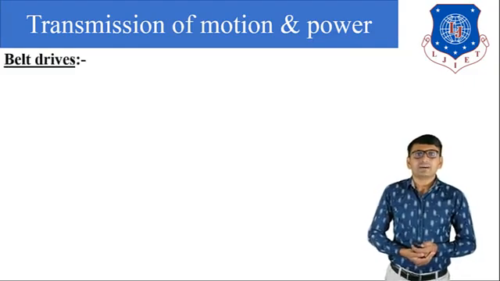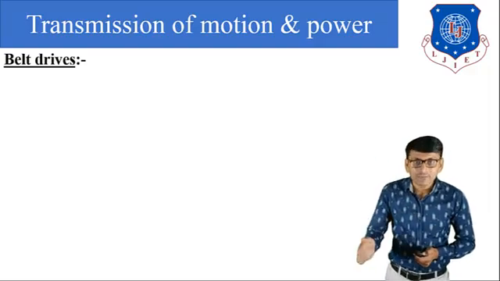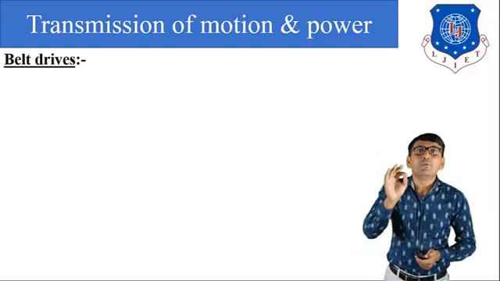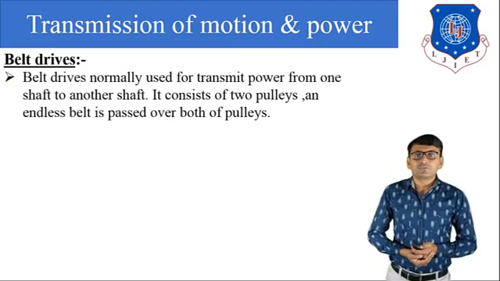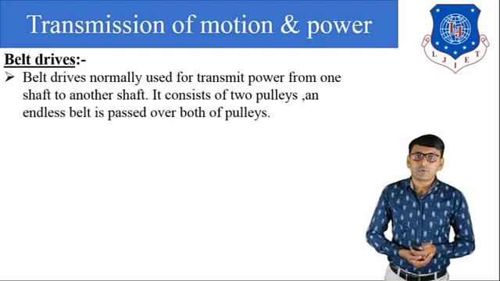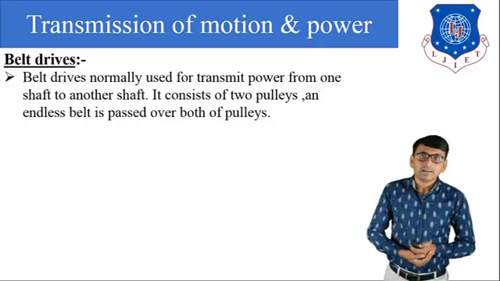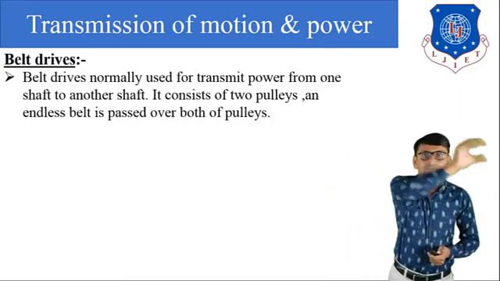Now the next one, that is belt drive, which is used to transmit motion from one shaft to another shaft with the help of belt and pulley. Belt drive is normally used to transmit power from one shaft to another shaft. It consists of two pulleys, and on those pulleys a belt is mounted.